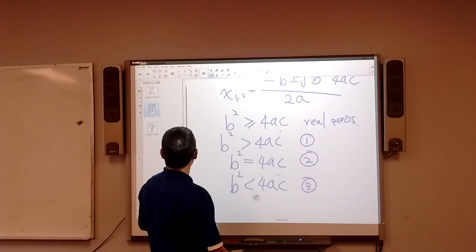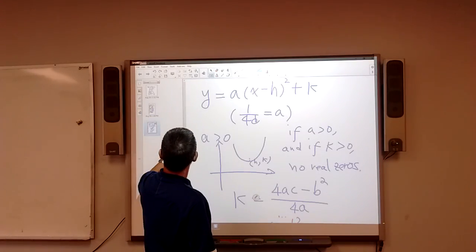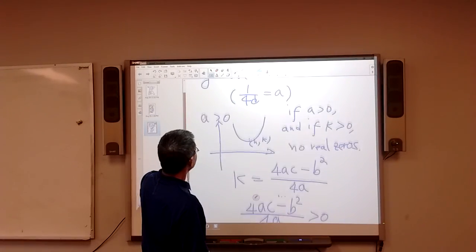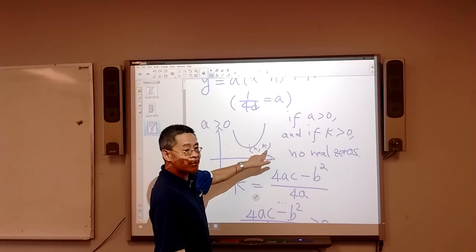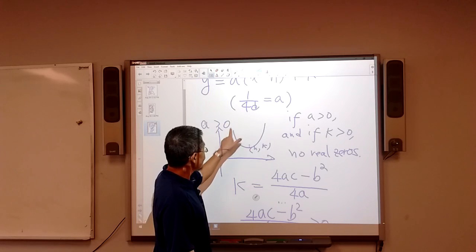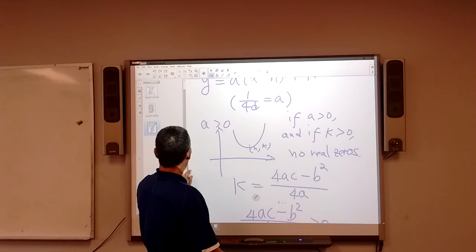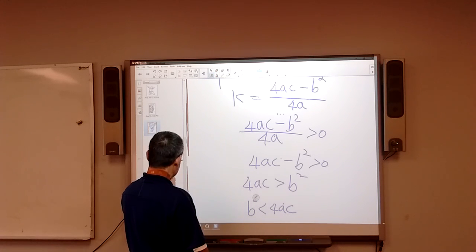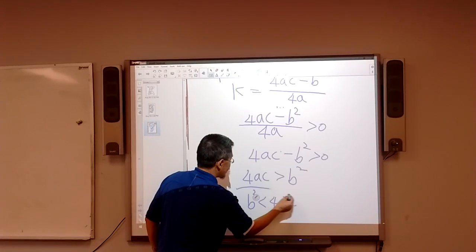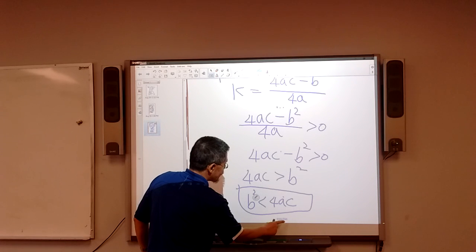But this allows us to see it graphically, because if a is greater than 0 and k is also greater than 0, there's no intercept, and that gives us this. We got this part. Are we good here so far?